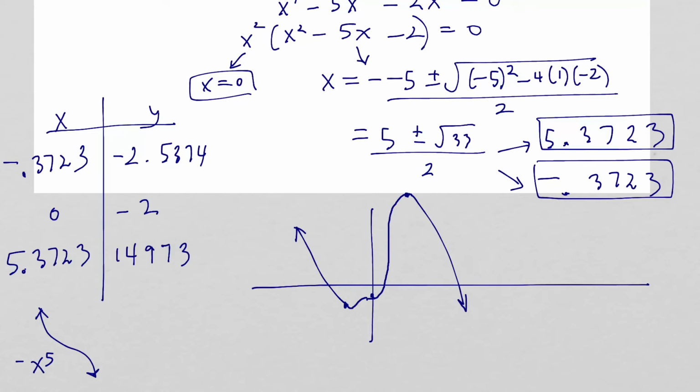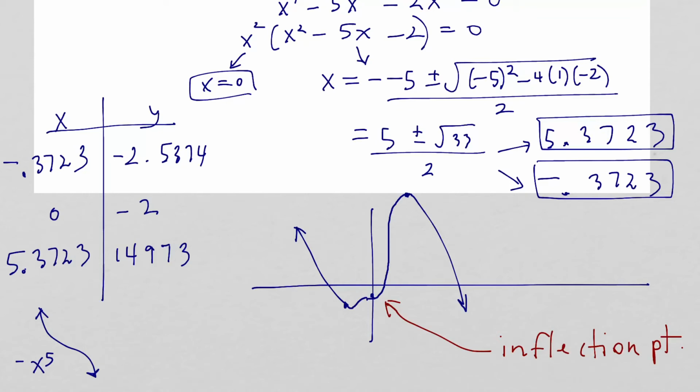So this is an inflection point here. And I know it's not a local min or a local max, and I know that because I've only got 3 places here that could potentially be local mins or local maxes.